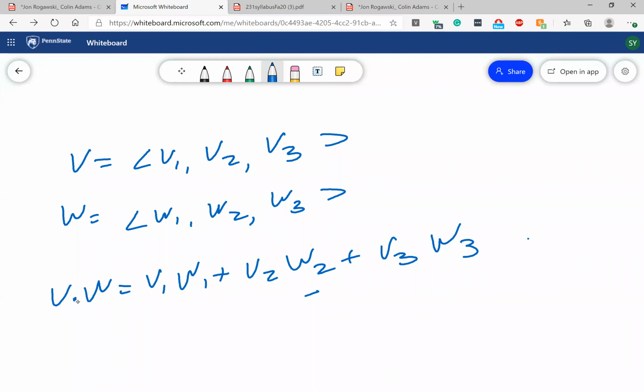So that's going to be the dot product between two vectors. As you can see, it takes in two vectors, and it would output a scalar, some number. So it would output some number c.